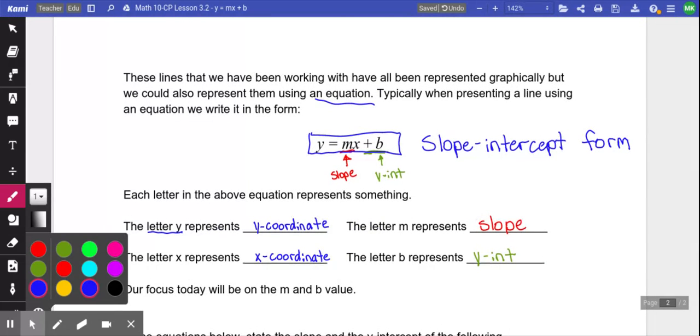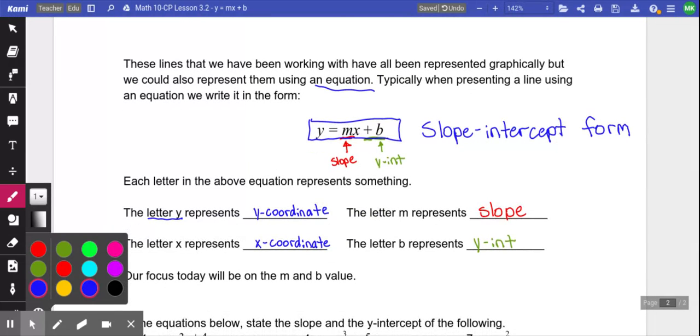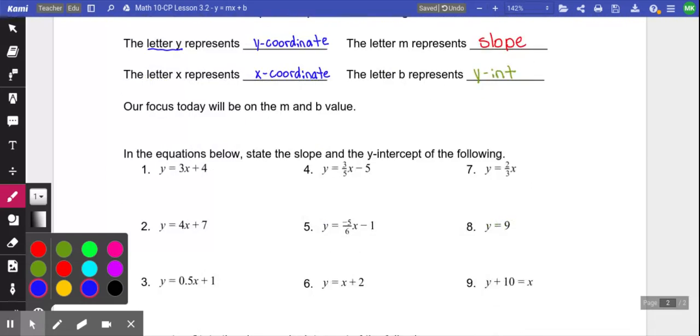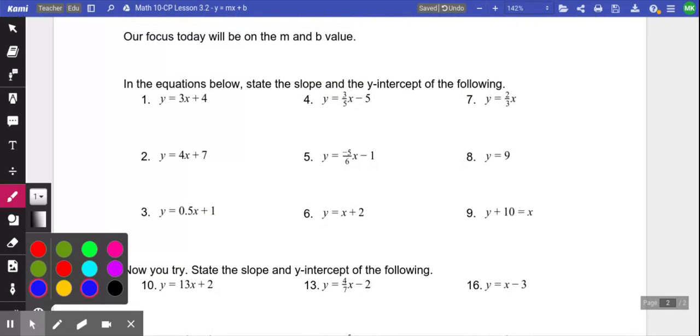That's basically all we're going to do today, and then tomorrow we're going to work a little bit more with slope-intercept form. So we got a ton of questions here. We'll do the first 9 together. We are going to try to determine the slope and the y-intercept for all of these equations, which represent lines if we were to have pictures for them.